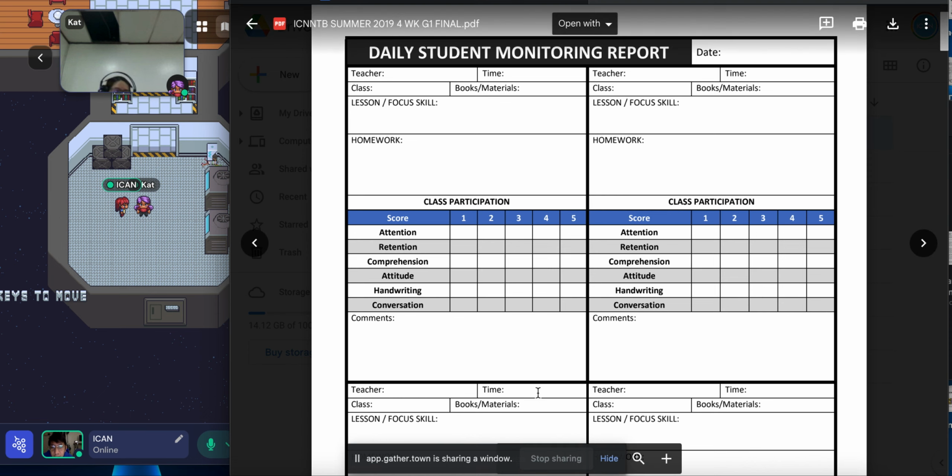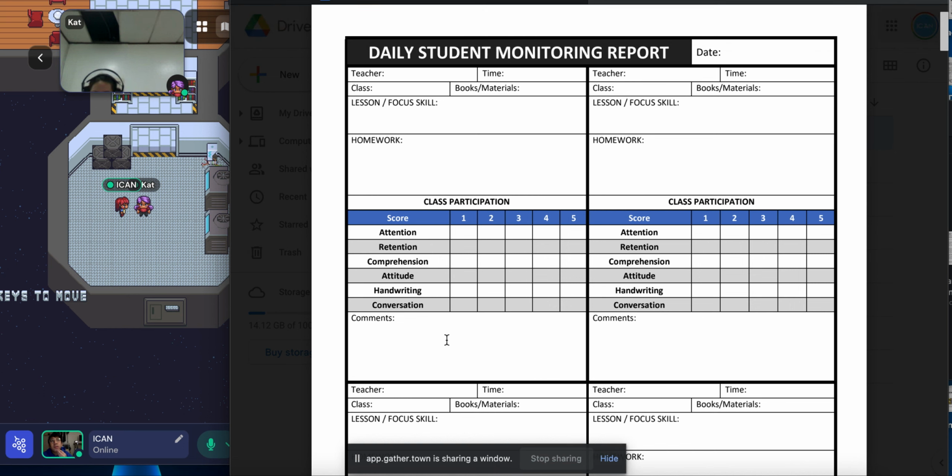And then the comment section is where you write the most important thing that the parent should know. For example, if the student was really rude today and did something wrong, you can write it down. He's not listening to me and he was not following my instructions.